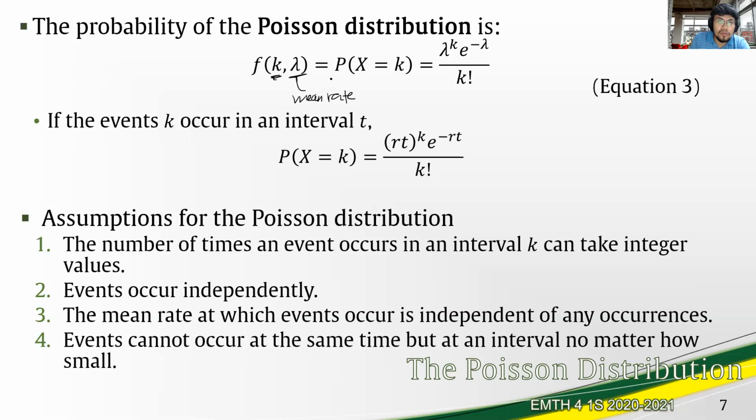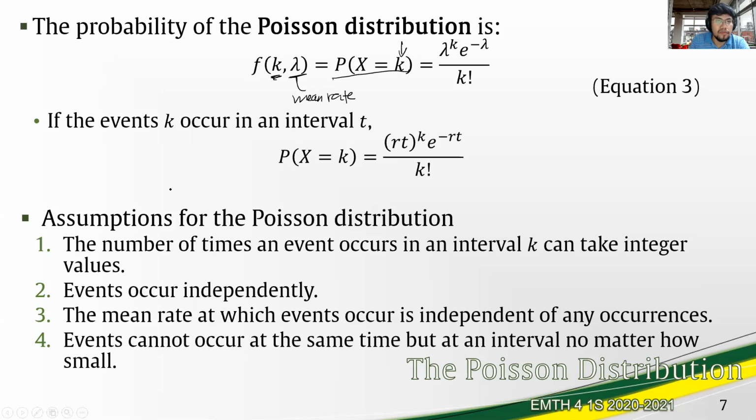If we are finding the probability of k, the formula is lambda raised to k times e, the natural exponential number, raised to the negative lambda, all over k factorial.